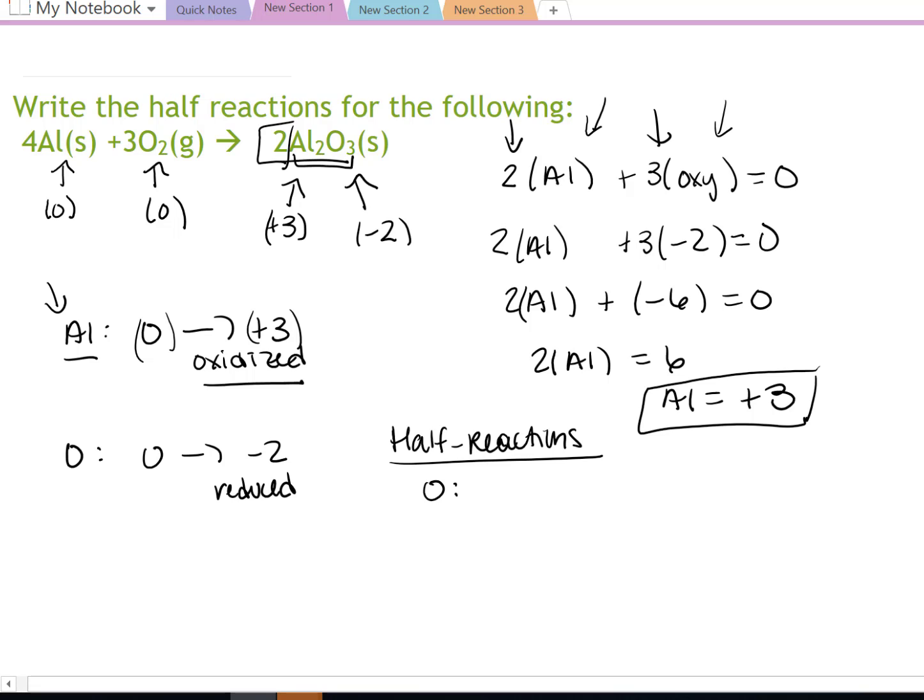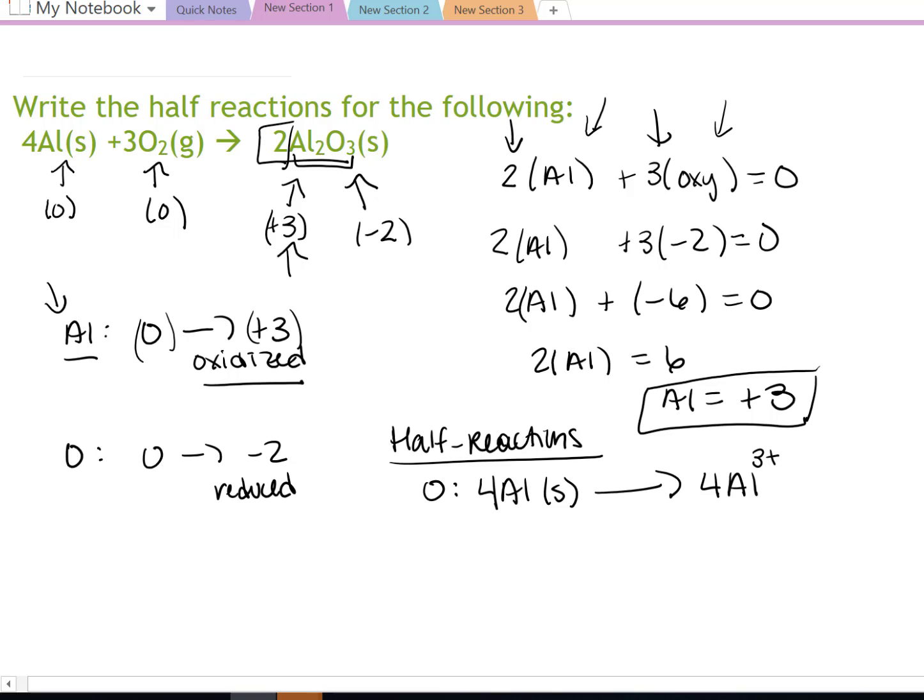So what we would have to do is write aluminum solid. Now we need to include the coefficient. So it's 4 aluminum solid, then we have the arrow, and then it becomes 4 aluminums, and looking at the oxidation state, it's 3 positive.